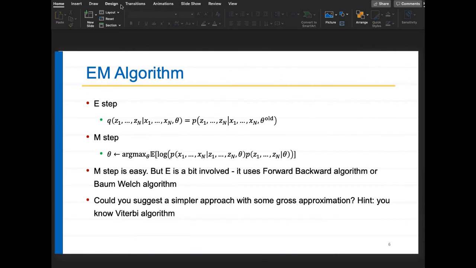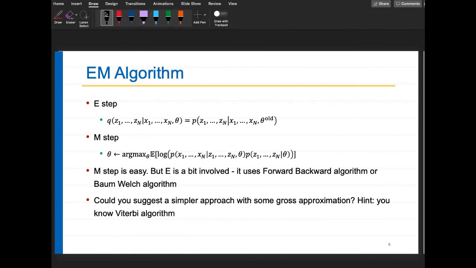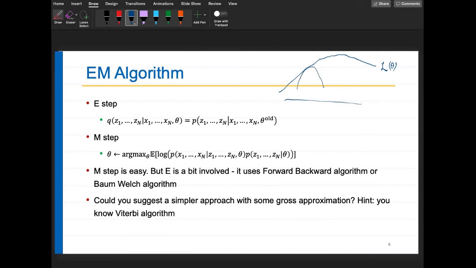If you remember your EM, you are maximizing your likelihood. Let's say this is your actual L function, which is very difficult to optimize. So you find an auxiliary function, something like this, Q of theta comma theta old.